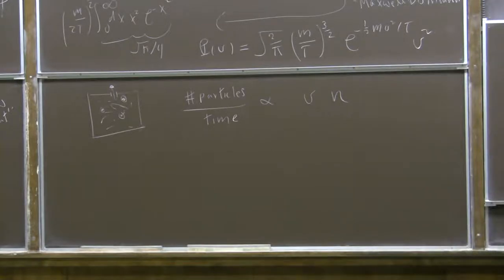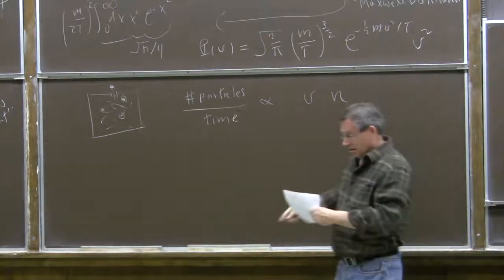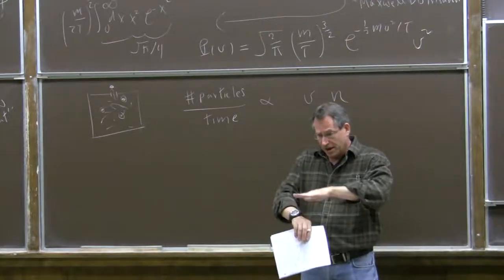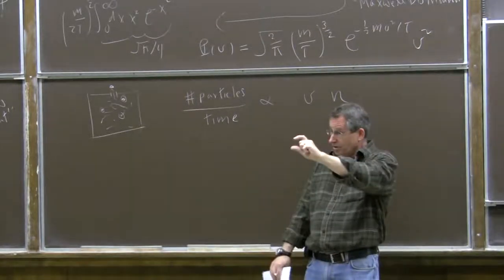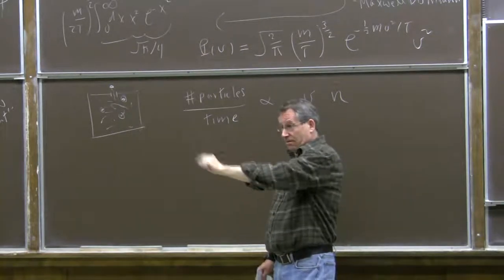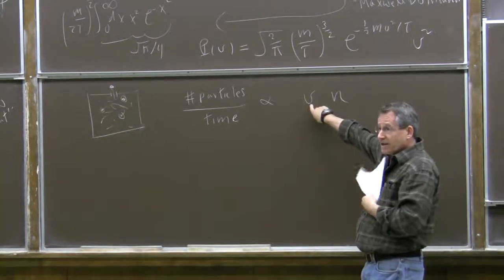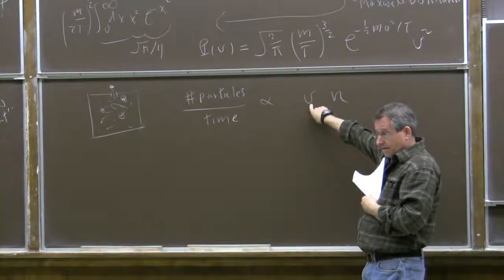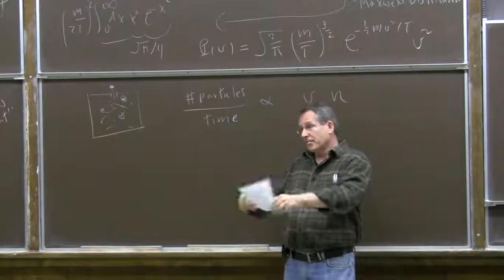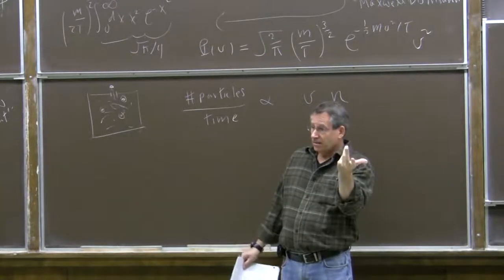So think of this probability distribution as describing the density of particles in a certain speed window, dv. But the rate at which they're coming out per unit time will be enhanced by a factor of speed. Okay? So look at some little time interval. Take all the particles that came out, measure their speed.